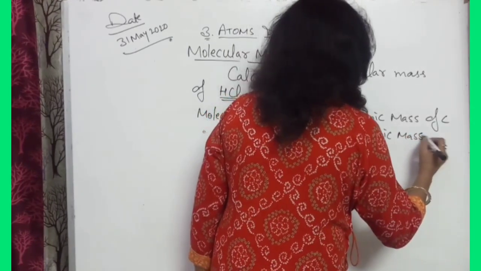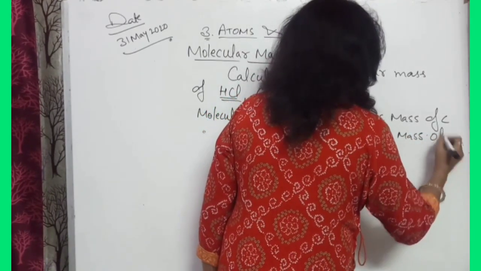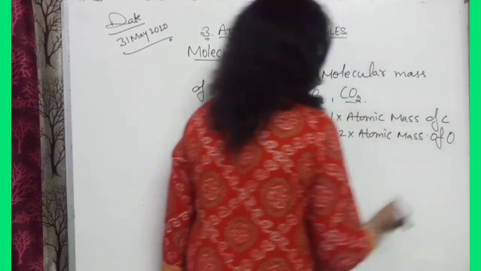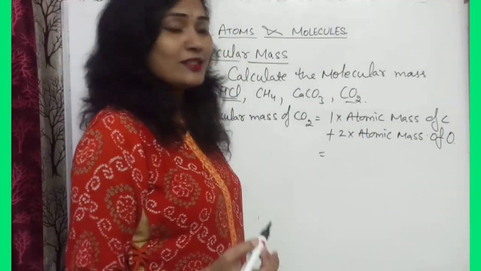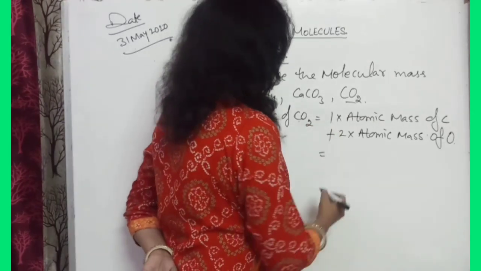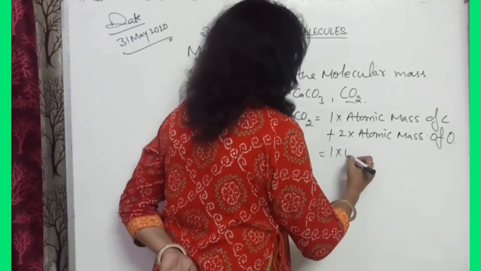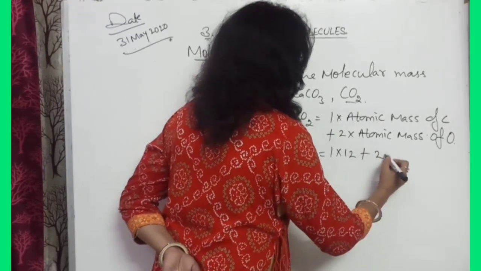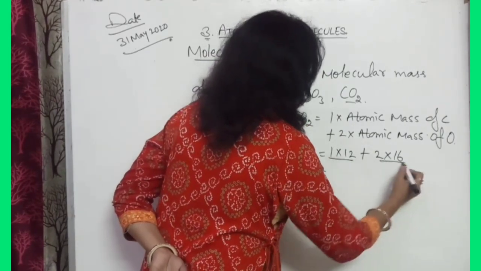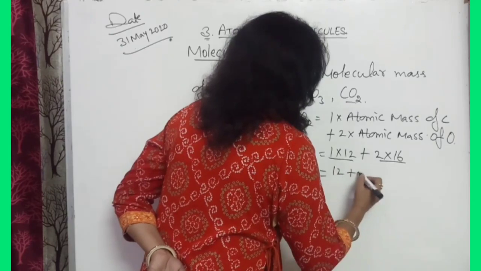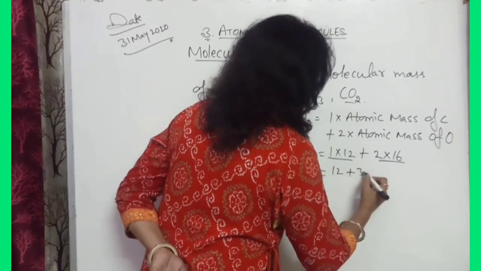Now put in the values of atomic masses. What is the atomic mass of carbon? 12. So 1 into 12 plus 2 into 16. So you can multiply them: 12 plus 32.